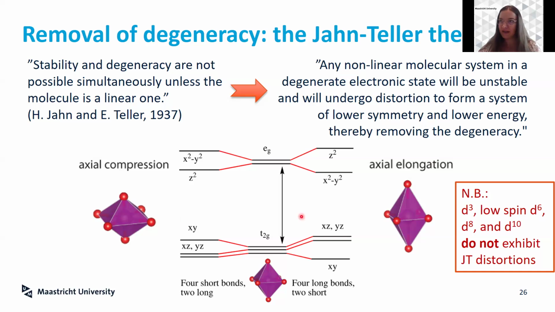So if this is a Jahn-Teller distortion, but you have a d10, there is no reason to undergo a distortion because a d10 will fill all of this evenly. So the even filling of all of the orbitals at the same time would mean that distorting the geometry will be a zero-sum game.